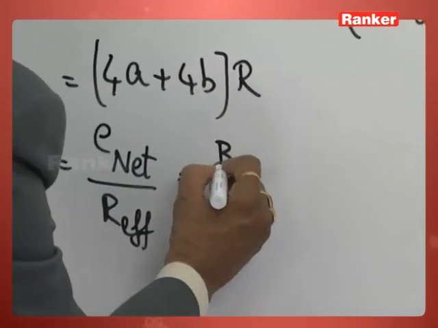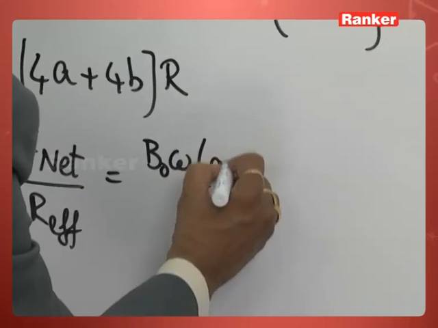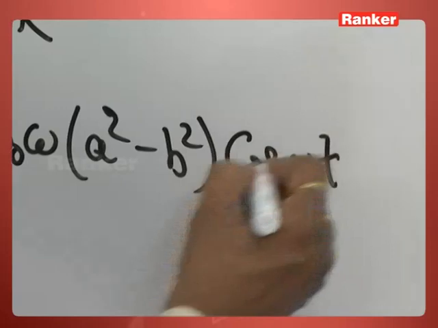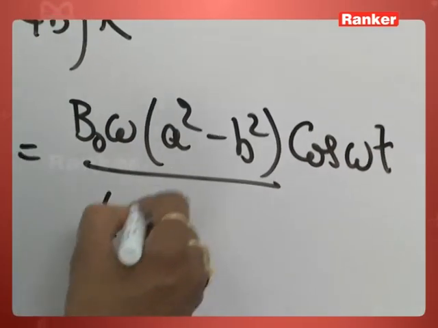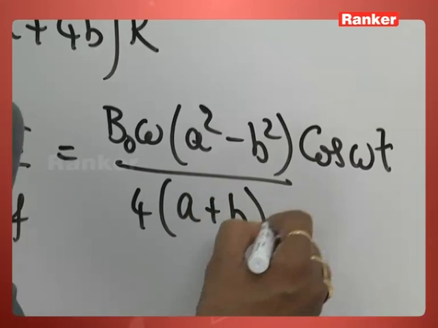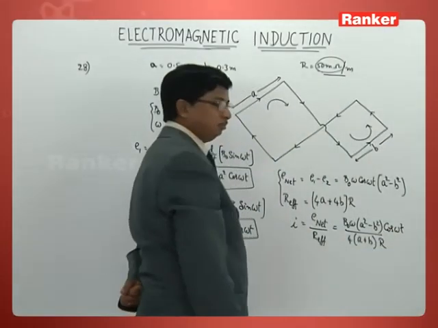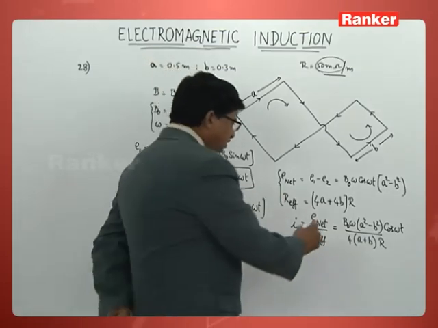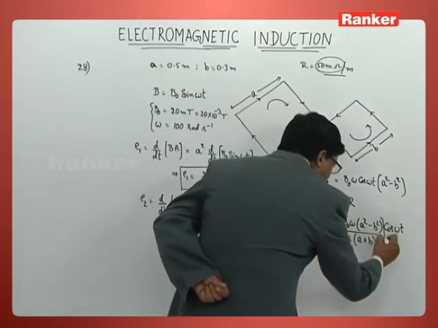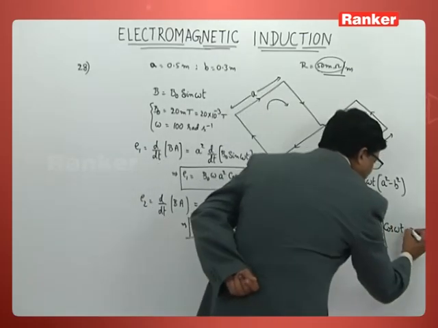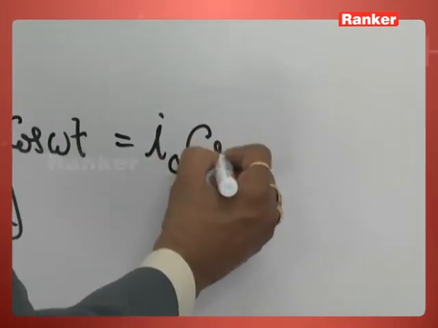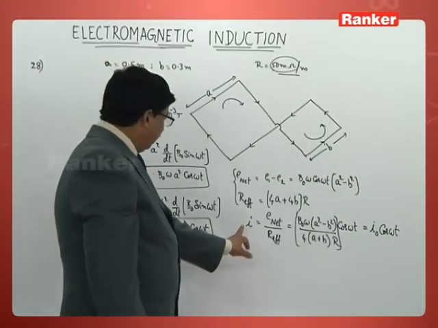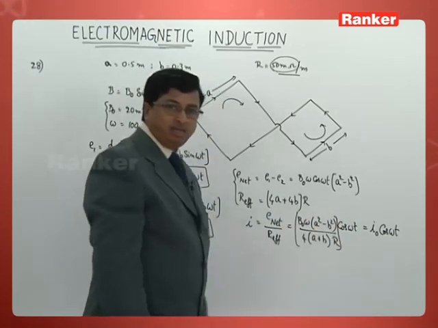B naught omega into A square minus B square into cos omega t, over 4 into A plus B into R, I can write. If you carefully observe this part, can't I take it as the maximum value of current into cos omega t? I can write it as I naught cos omega t.